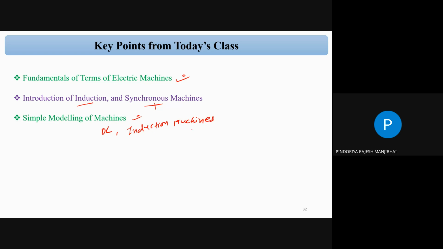In the next class, we will study the per-phase equivalent circuit of the synchronous machine, and then we will study the detailed mathematical modeling, otherwise the simple modeling equation of the coil. Correct? So we can go into detail with the magnetic flux lines, how much magnetic flux will be produced. Correct? So slowly we are going into the detailed analysis of electric machines.